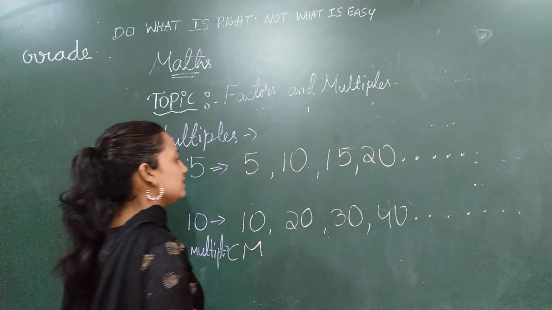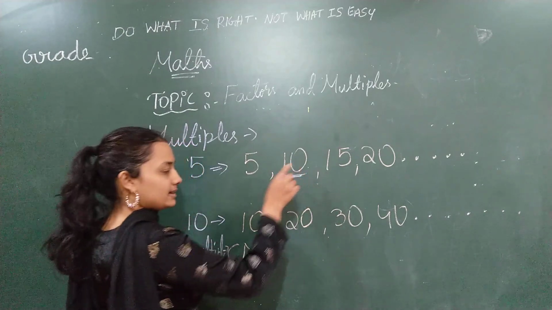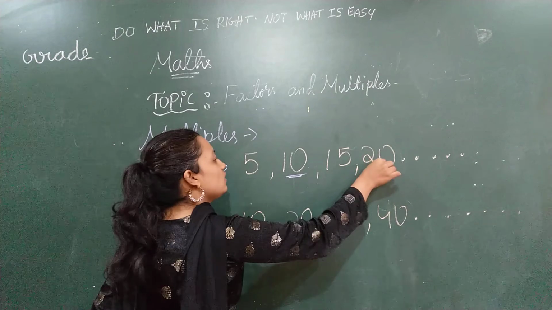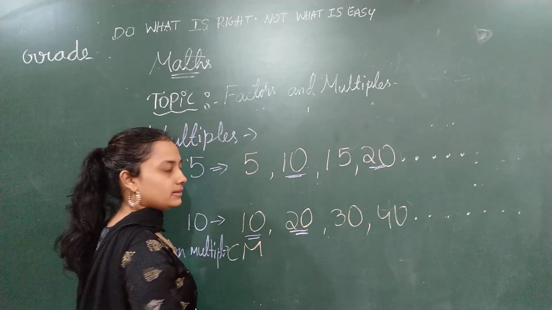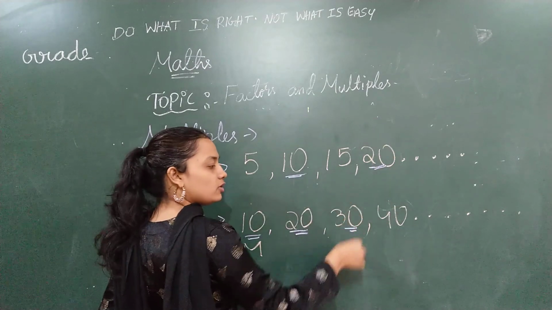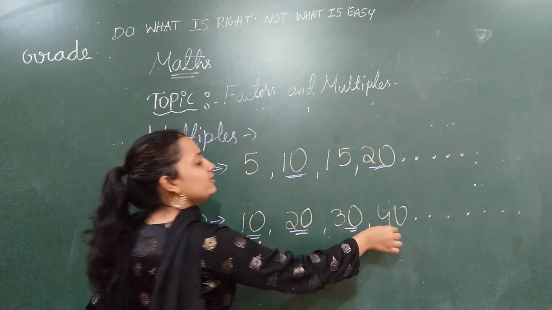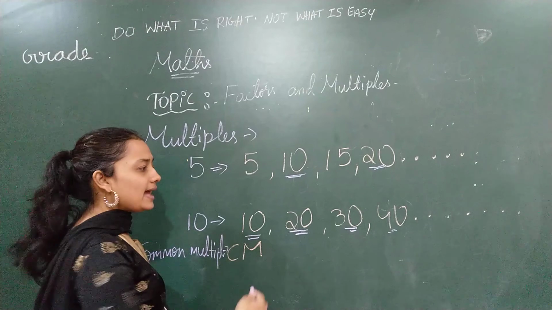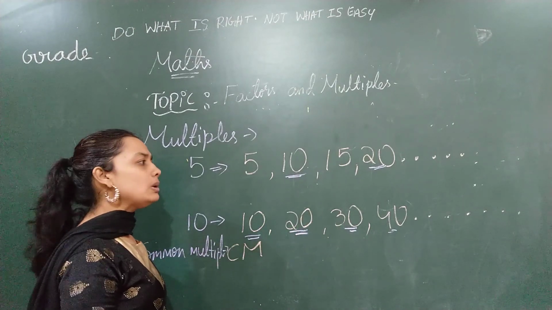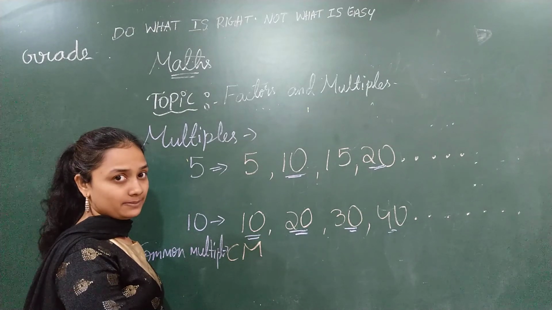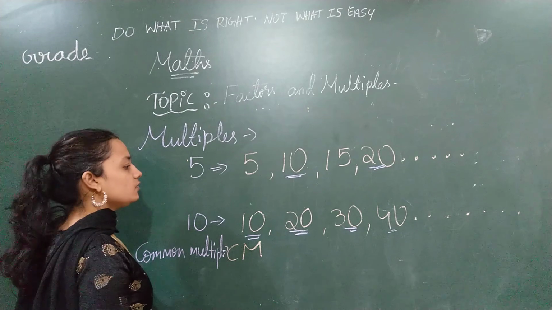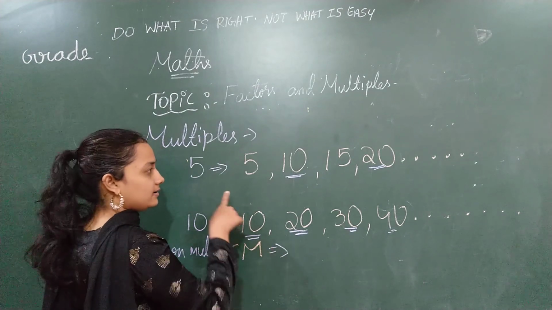You can see here 10 is in the multiples of 5 and also in the multiples of 10. 20 is also here, which is common. If I go further writing these multiples, I get 30 also common. I get 40 also common. And as you go, you get many common multiples. So now let us not write all the common multiples here. Let us write a few.